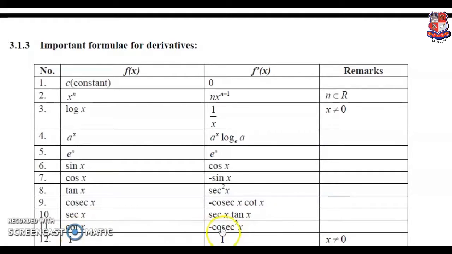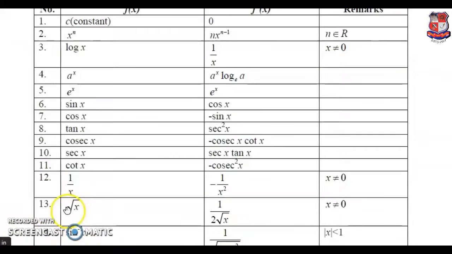A constant 1 gives 0. 1 upon x gives minus 1 upon x square.